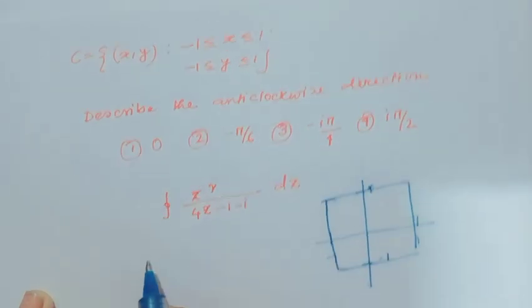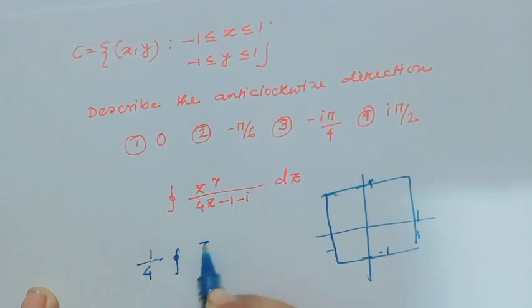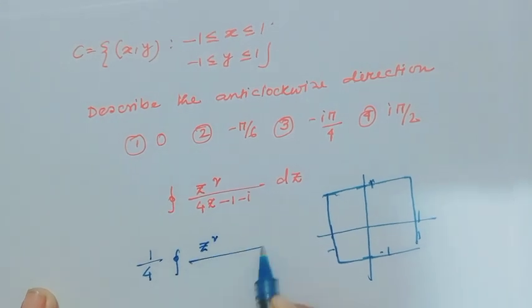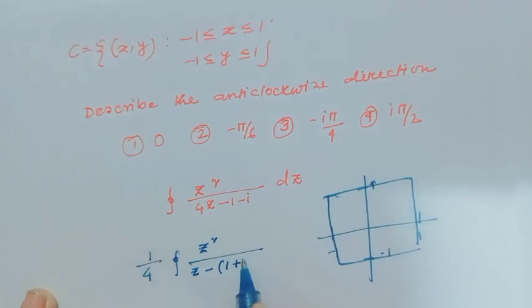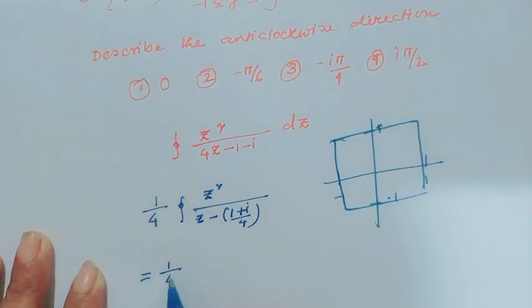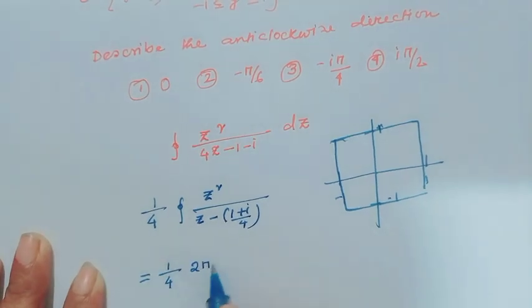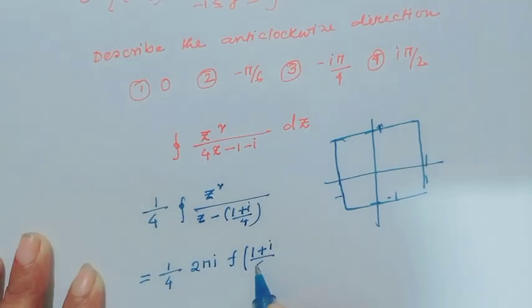And this integration would be 1 over 4 times z square over (z minus (1 plus i) over 4). And this value would be 1 over 4 times 2 pi i times f of (1 plus i) over 4.